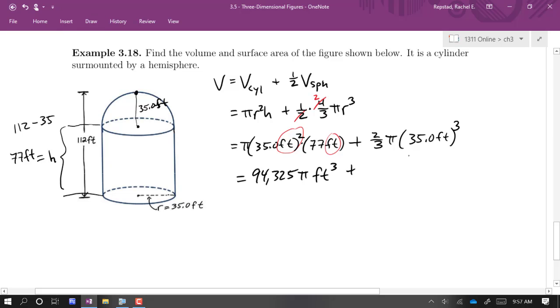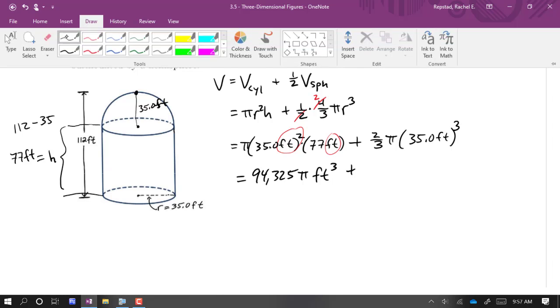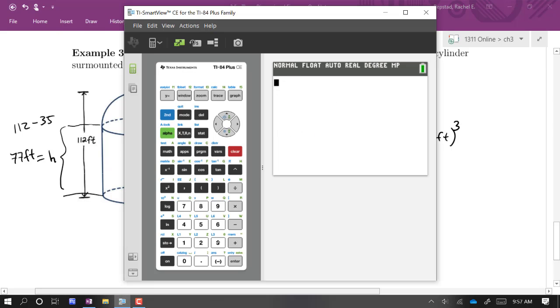And for the hemisphere part, I'm going to have 35 cubed times 2/3. And that is 28,583.333.